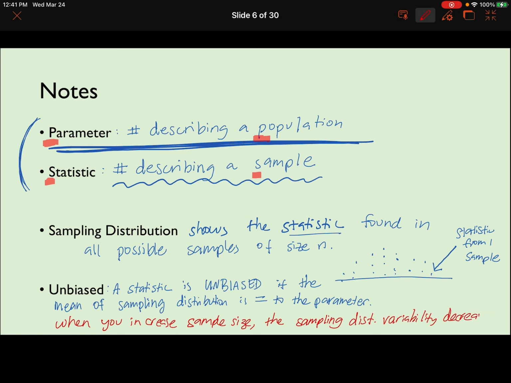So in this simple situation where I had samples of 2, if I did samples of 3, the dot plot would be closer together. And that to me is sort of logical. If you're taking bigger samples, they're going to be more accurate. They're going to be less pulled in one way versus the other.